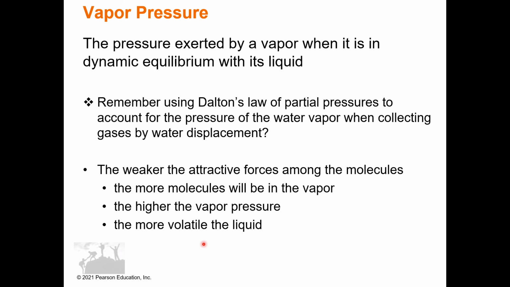So think of acetone or gasoline. They're the ones that are going to have the weaker attractive forces. So just dispersion forces, or maybe just dipole-dipole. The more volatile the liquid, the more vapor pressure it's going to exert. Why? Because more molecules will be able to escape into the gaseous phase as vapor.